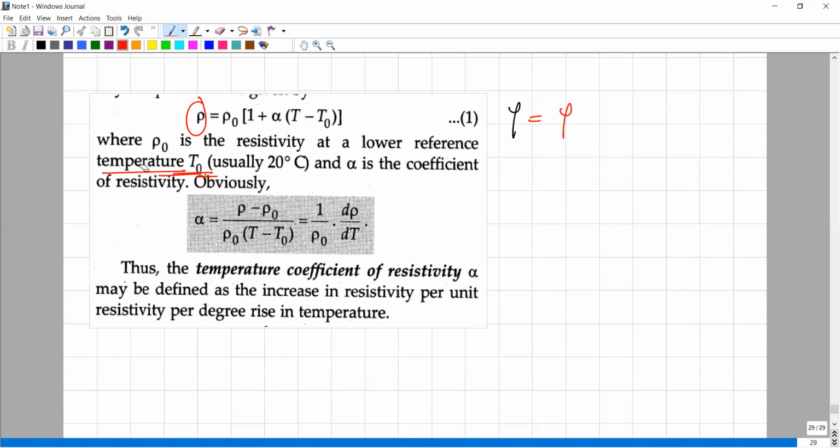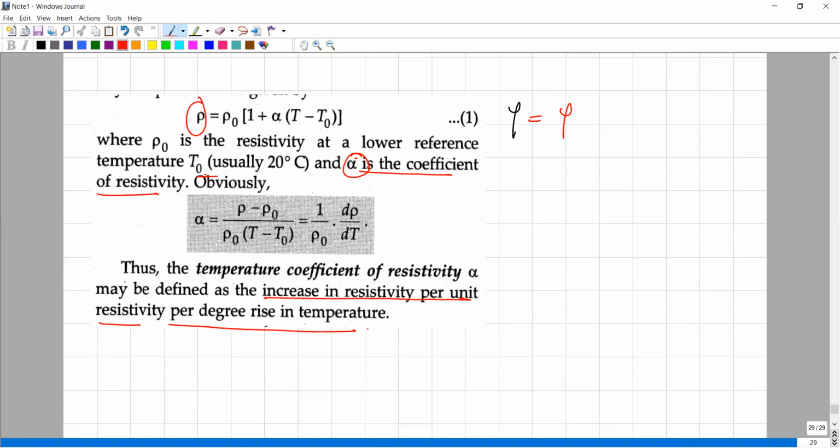And this alpha here is the temperature coefficient of resistivity, the thermal coefficient of resistivity. This value is more important. The temperature coefficient of resistivity and thermal coefficient of resistivity are the same: the increase in resistivity per unit resistivity per degree rise in temperature.